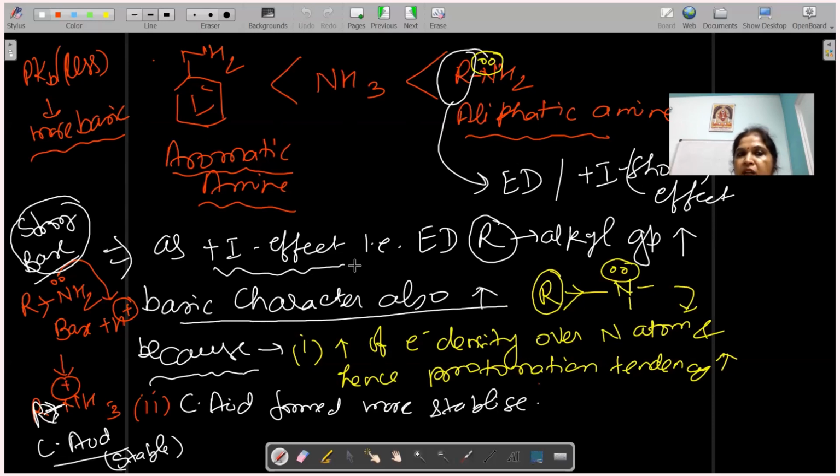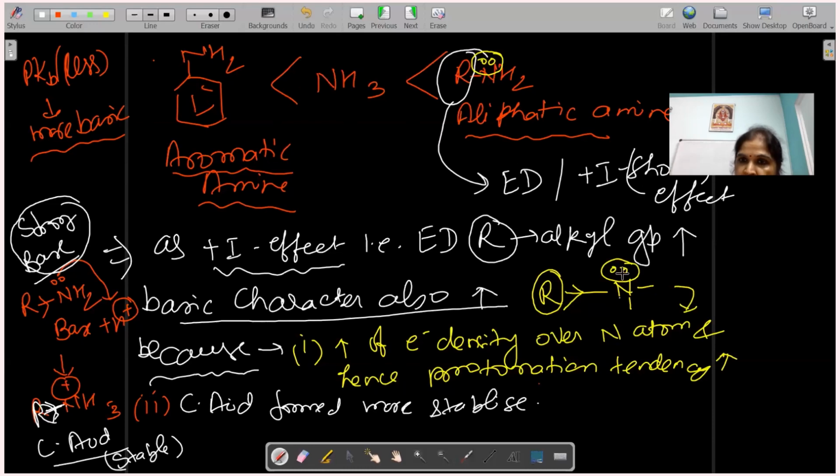Plus I effect means an electron donating group, and all of you know the alkyl group is an electron donating group. Why does it increase? Because it is donating electrons over the nitrogen atom.